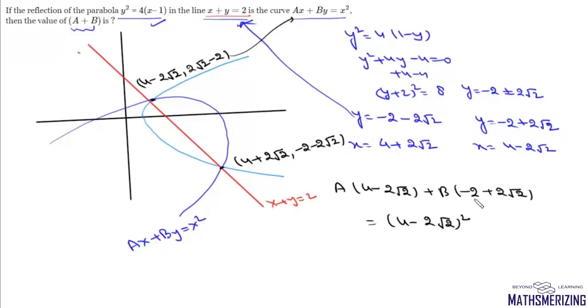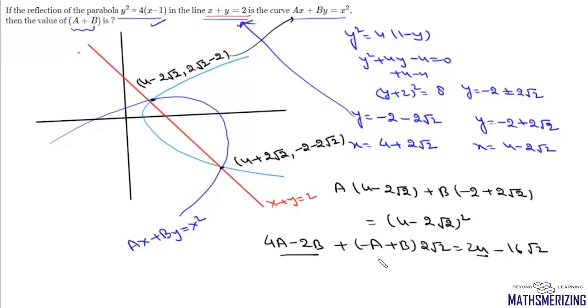So we can write this as 4a minus 2b, and then plus (minus a plus b) times 2 root 2, and it will be equal to, now this is 16 plus 8, so it will be 24 and then minus 16 root 2. We'll compare rational parts and irrational parts.